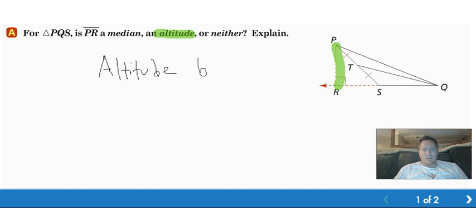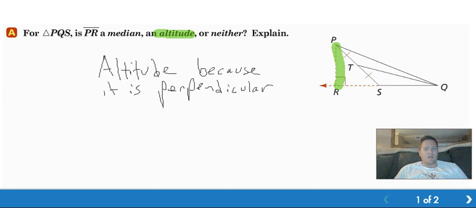Because it is perpendicular and it's coming from one of the vertices right there. So it comes from one of the vertices and we see it's perpendicular. How do we know that? Because we see a right angle. So remember, my altitudes can be outside the triangle, especially when it is an obtuse triangle, it will come outside of it though. Okay, so there's our first one.